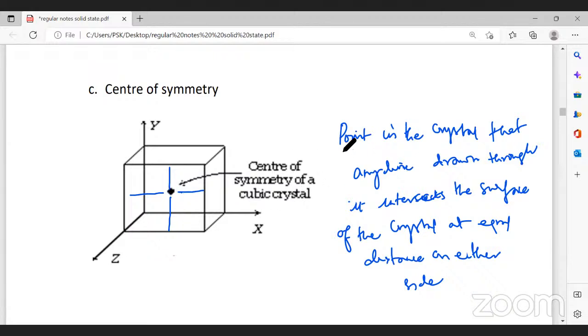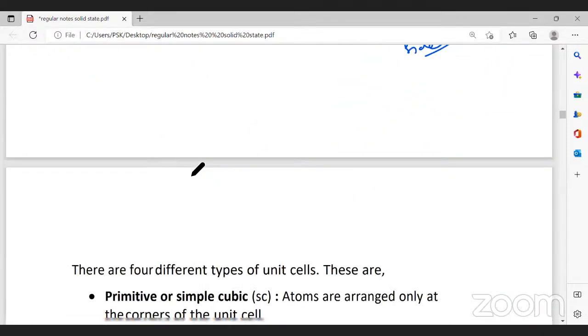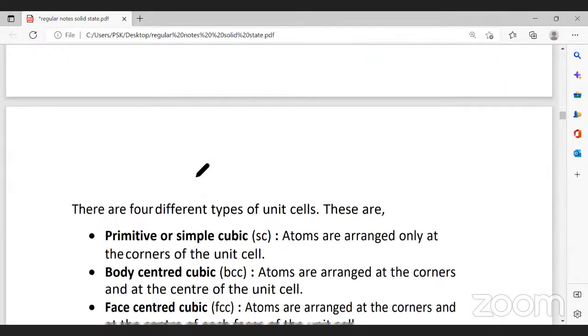What is center of symmetry? It's a point in the crystal that any line drawn through it intersects the surface of the crystal at equal distance on either side. I've shown two directions here. That's called a center of symmetry. Clear with this? Yes, sir.